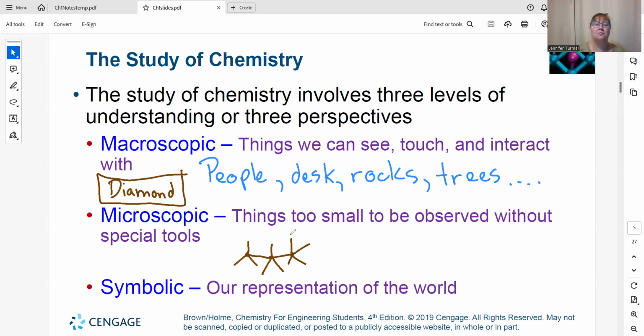It's these perfect tetrahedral carbon. Now, symbolic, our representation of the world, this might be C diamond. So this is what it really looks like, an interlocking carbon structure. C with the word diamond after it is our symbolic representation of that.